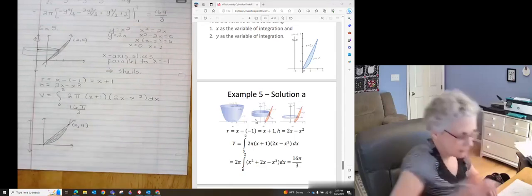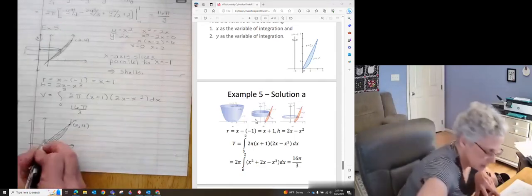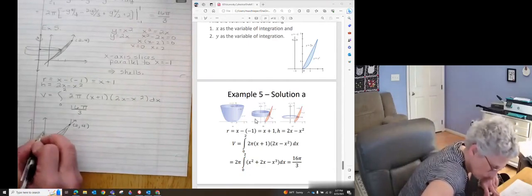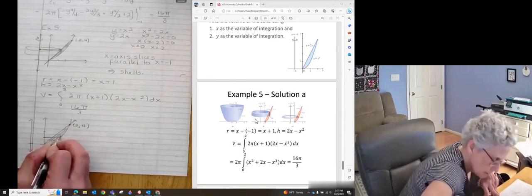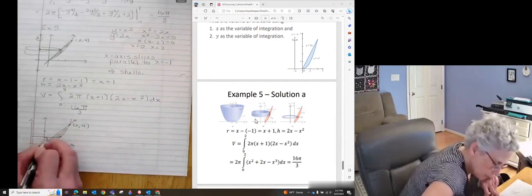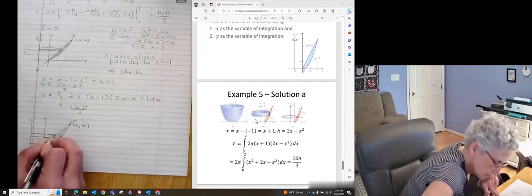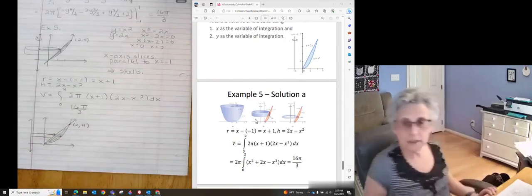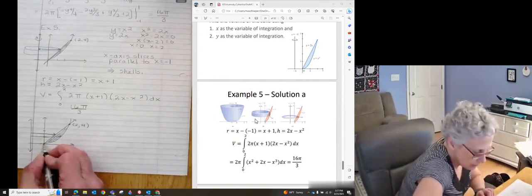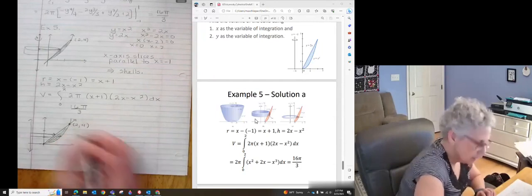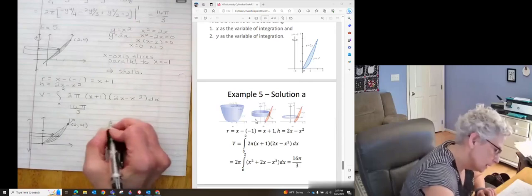This is my region again. This time I'm making slices along the y-axis. So I'm going to have an outer radius and an inner radius. My slices are going to vary from the bottom to the top.